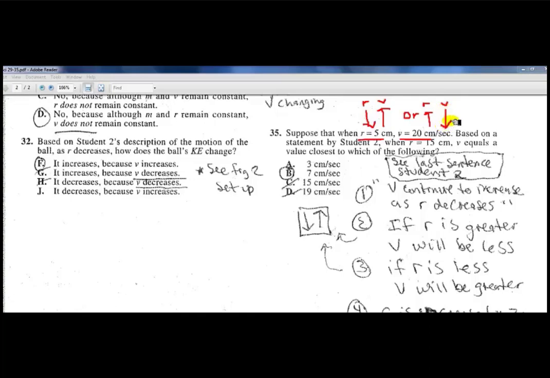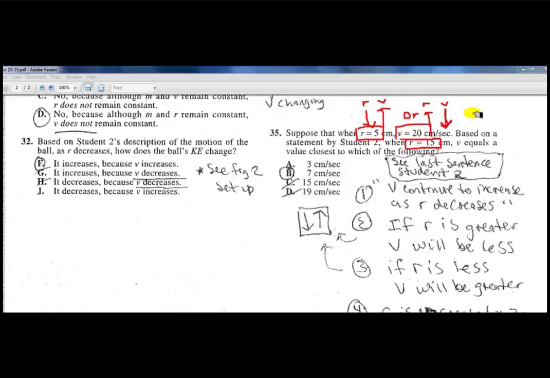Same thing. The relationships are exactly the same, only flip-flopped. Here we have R equals 5 and V equals 20. Now they give us a new R value, which is larger. So you know that when you increase R, the velocity will have to go down. The velocity is going to have to be below 20.